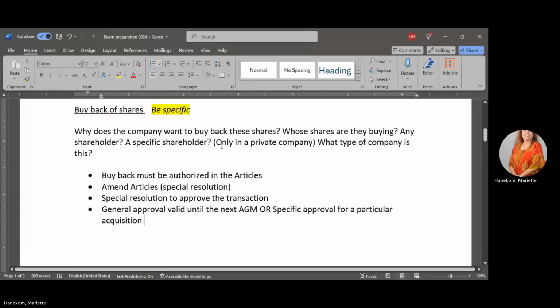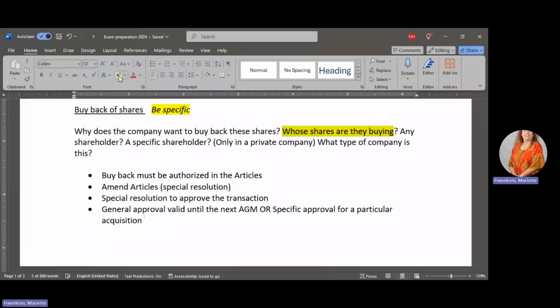Because you've asked yourself in your brain, whose shares are they buying? If they want to buy back 50% of the Class B shares, it will be a general approval. If they want to buy back Johnny's shares, it will be a specific approval. So don't tell me it can be either. Tell me which one it is.